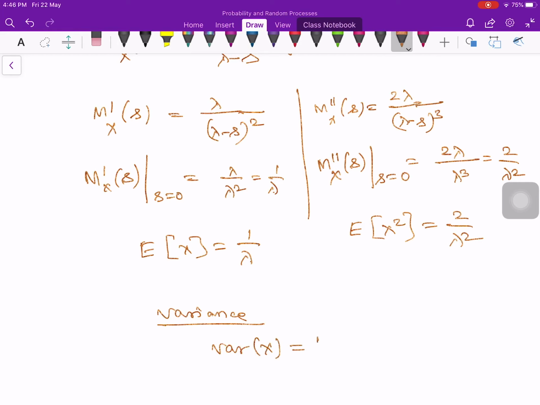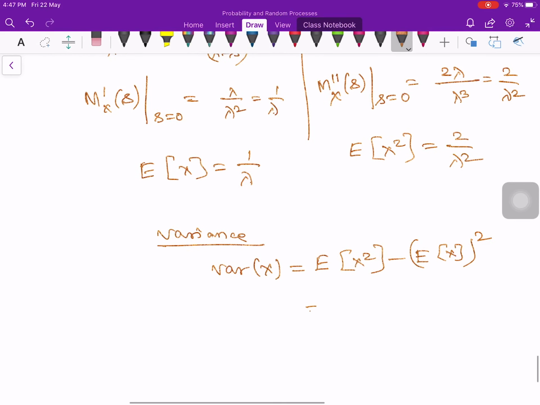Variance of x equals the second order moment minus the square of the first order moment: 2 over lambda squared minus 1 over lambda squared, which is 1 over lambda squared.